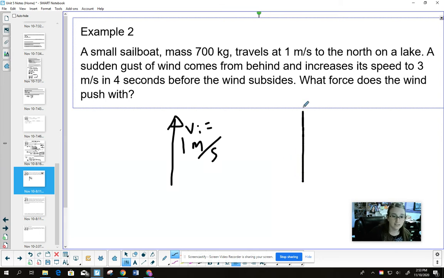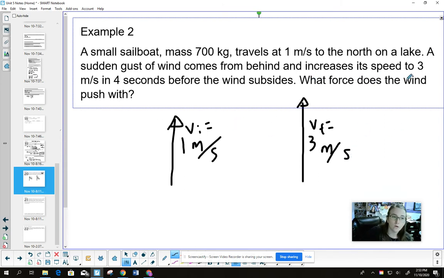So now, this is the after. It increases its speed in the same direction, right? The wind is coming from behind and pushes it forward. So, once again, this is my final speed. They're headed in the same direction. They can stay the same sign.